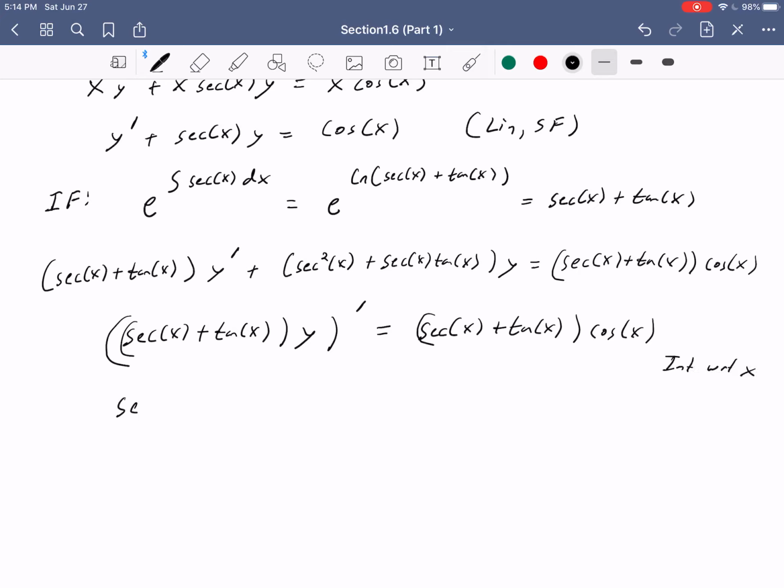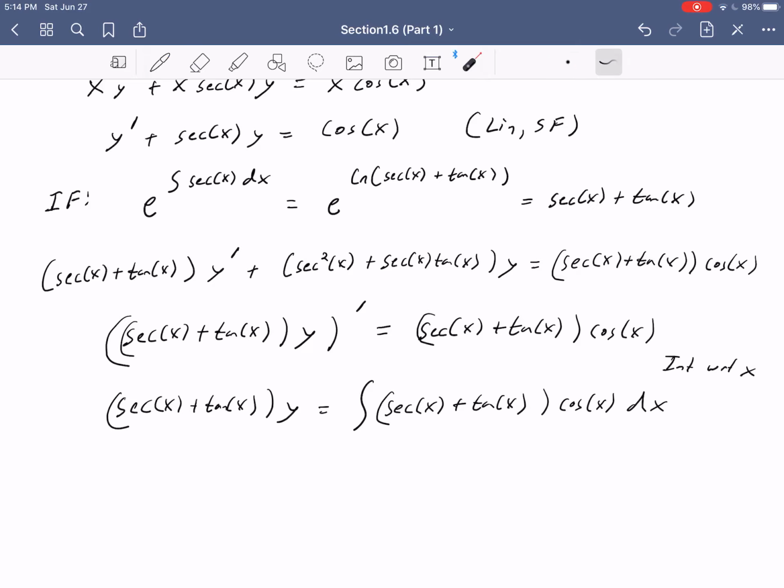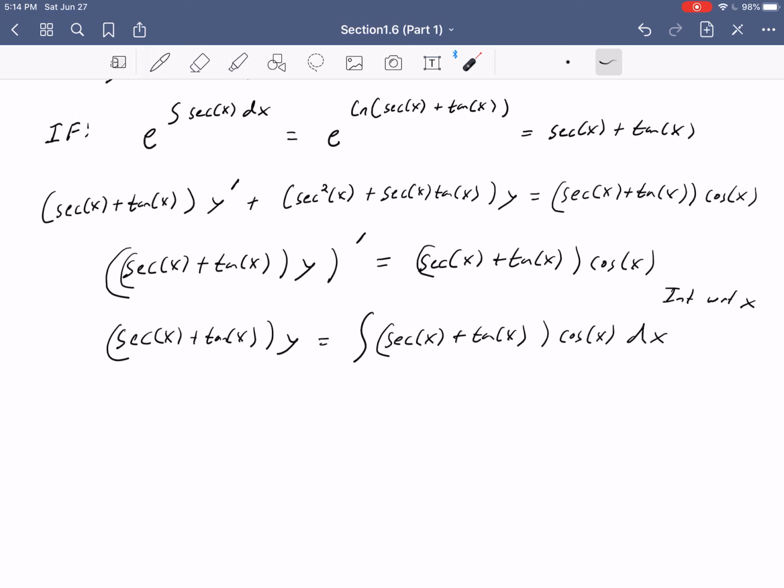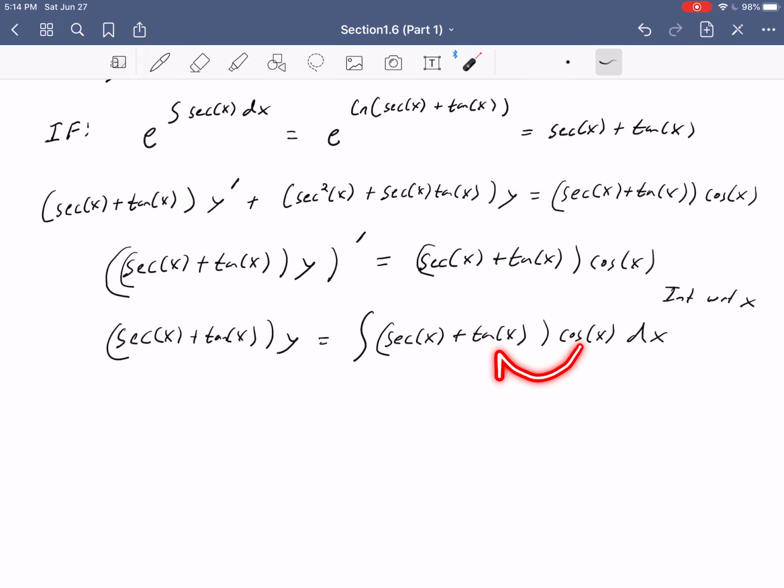So on this side, we just get secant x plus tan x times y is the integral of secant x plus tan x times cosine x dx. At this point, we're going to have to figure out how to integrate this thing, but of course we can do a little simplification. We can multiply that cosine in there and get secant x plus tan x times y is equal to the integral.